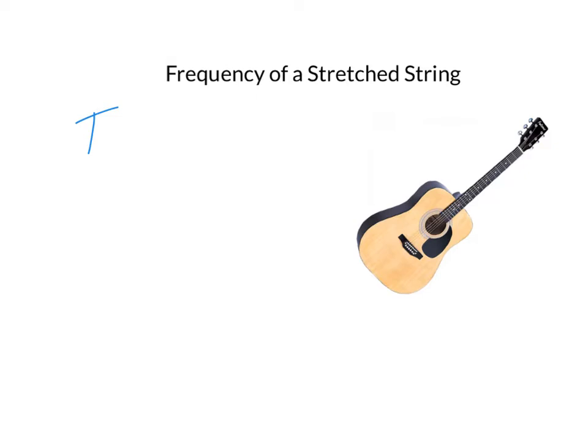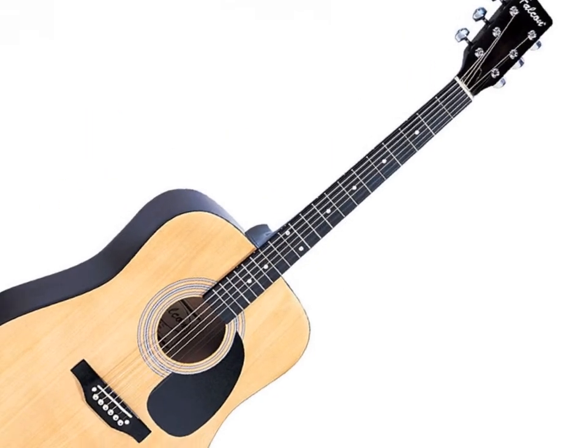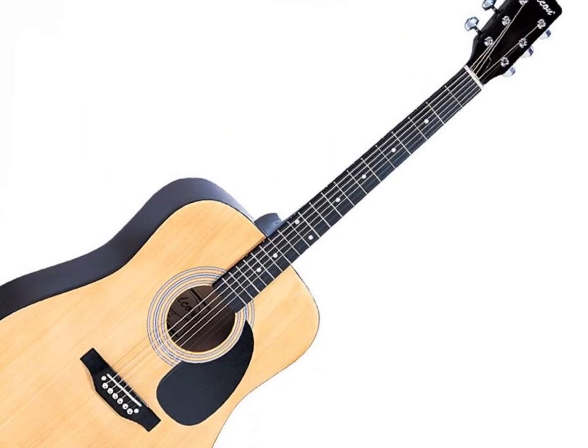Another thing that we can say frequency is related to is the length of the string. So for example, if you play a string that's open, then it will vibrate with this fundamental frequency like this. But if you put your finger on one of these frets, say for example the 12th fret here, then you're changing the effective length of that string.